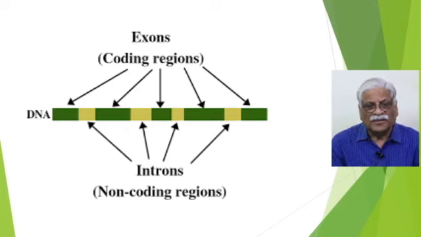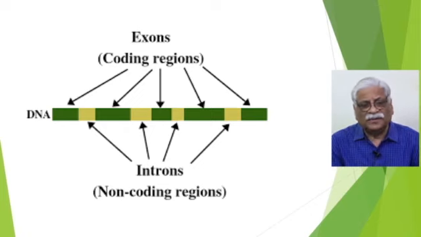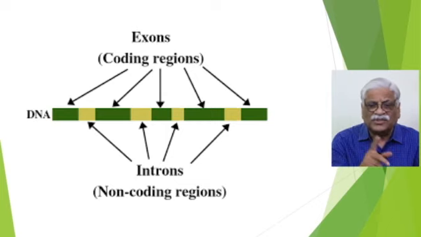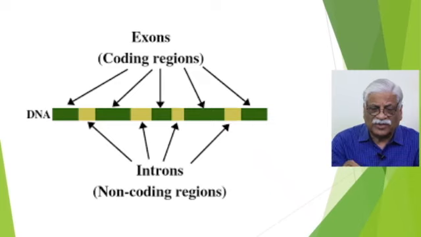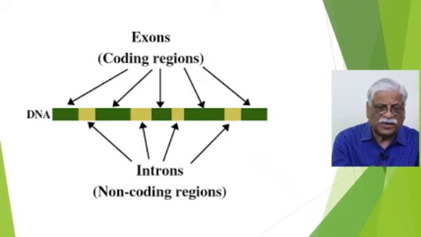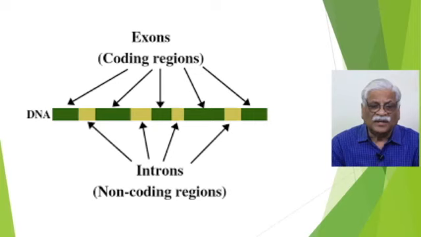This is a diagram based on the Human Genome Project, where the different genes are identified in the human genome, and you can see that the introns are 26%, miscellaneous unique sequences 12%, 8%, 5%, 3%, 3%, like this. The protein coding genes are only 2%. That means, as I said, 98% of the human genome consists of non-coding regions.